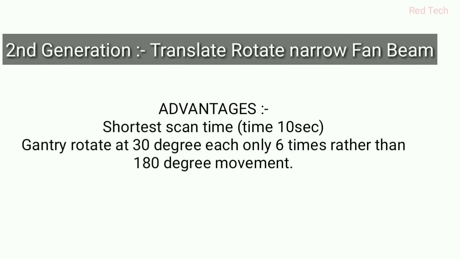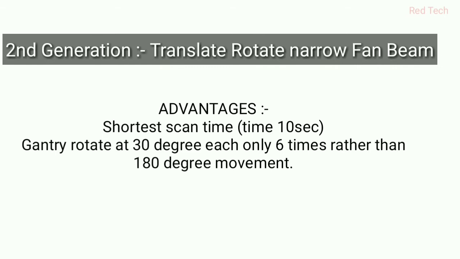Now let's talk about the advantage. By using more detectors, the scan time reduces to 10 seconds, and the gantry rotates 30 degrees each time, only 6 times, rather than a full 180-degree movement. This means the gantry rotates 30 degrees in 6 intervals and covers the 180-degree portion.